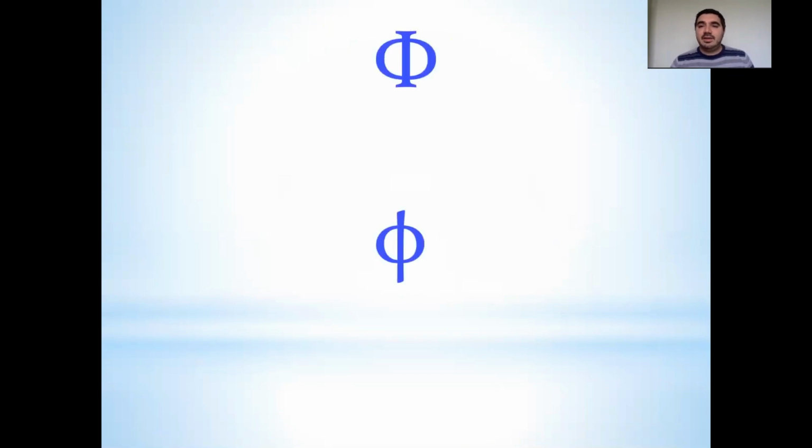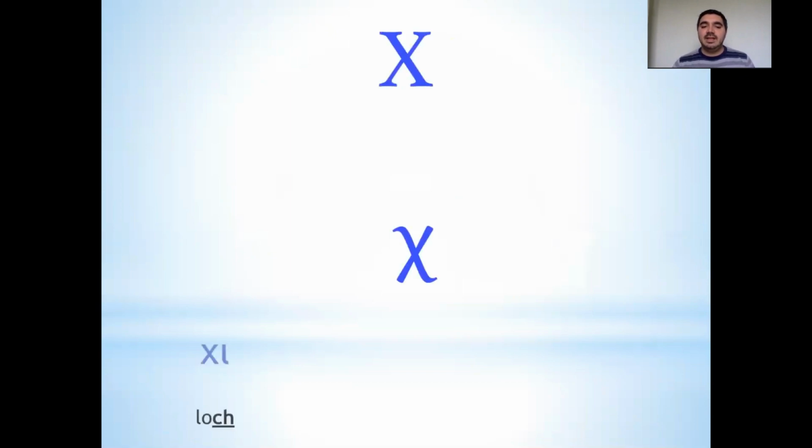The next letter is Phi, the letter F. And then the letter Chi. It is a bit hard to explain how to pronounce this letter because it does not really appear in many other languages. The closest I can think of is the Scottish word loch.